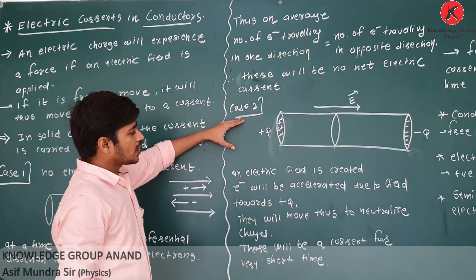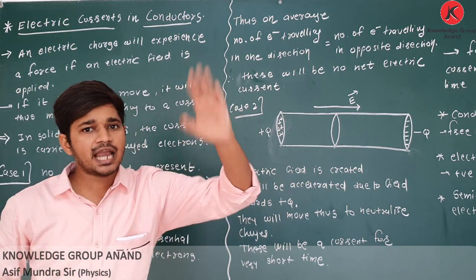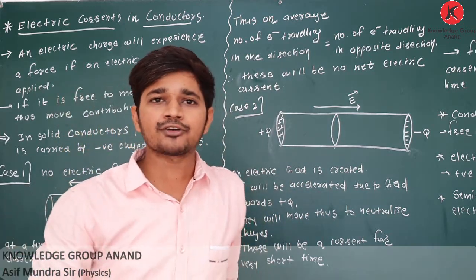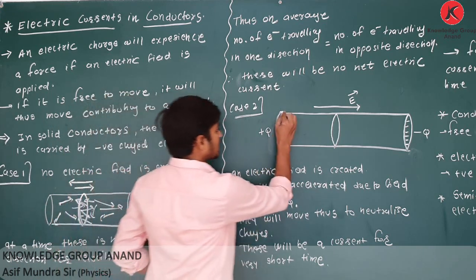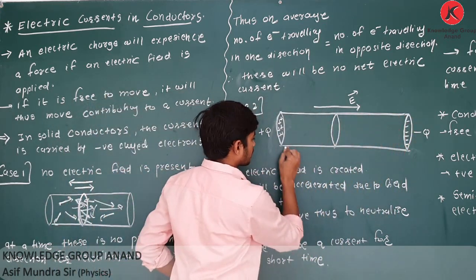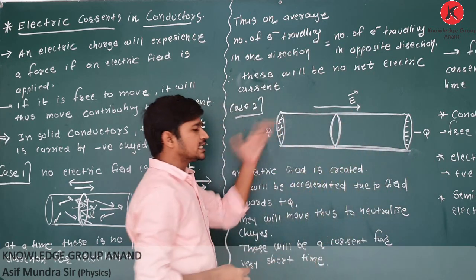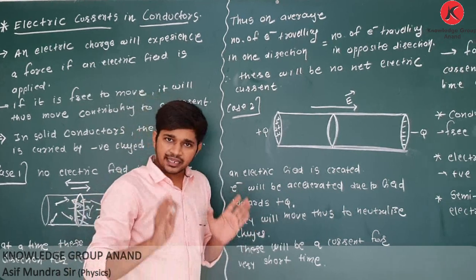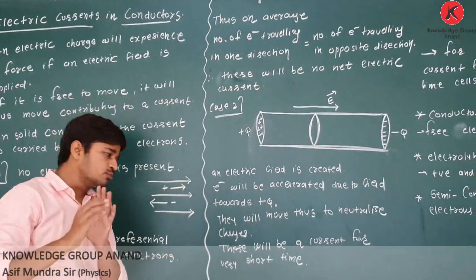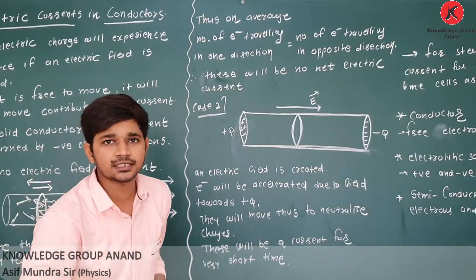Case 2, when the same conductor is placed in an electric field. Now, how is the electric field present? It is the same conductor, one cylinder, and this is its cross-sectional area. Inside the conductor, negatively charged electrons are free to move. Now, we are taking two discs.